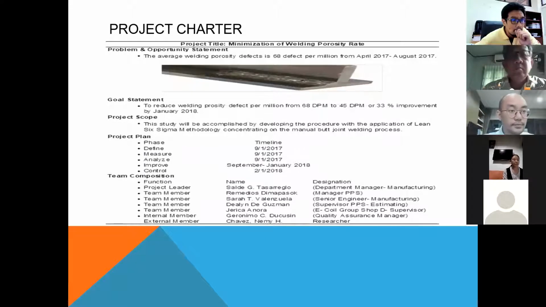So the next figure shows the project charter. This was used in order to summarize the findings of the define phase of the project. In cooperation with the project team, the scope of the project concentrated on manual butt joint welding process.